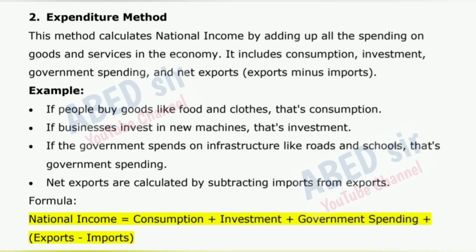If businesses invest in new machines, that's investment. If the government spends on infrastructure like roads and schools, that's government spending. Net exports are calculated by subtracting imports from exports. Formula. National income is equal to consumption plus investment plus government spending plus exports minus imports.